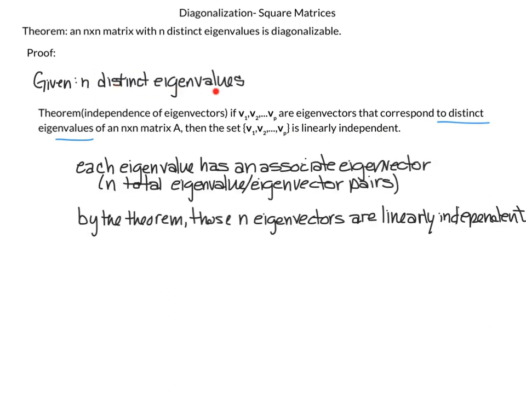Each of our n distinct eigenvalues has an eigenvector associated with it, so we have n total eigenvalue-eigenvector pairs, and according to this theorem, because the eigenvalues are distinct, the n eigenvectors must be linearly independent.